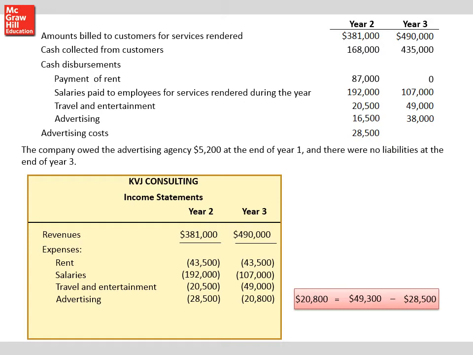So, as of the end of year 2, give me a second to get my calculator out. 33,700 minus 16,500. The amount that they owe in accounts payable is $17,200.